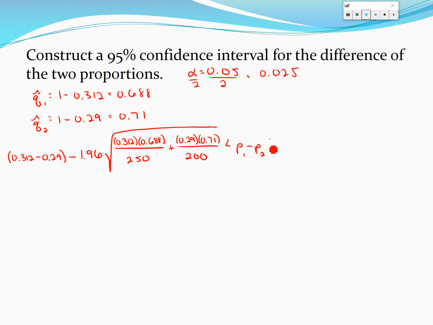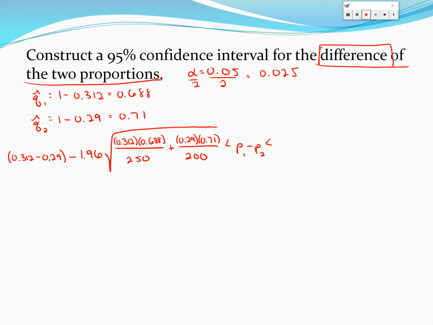Whether you're going to use the calculator shortcut or not, you still have to have the correct symbols in the center of your interval. We're looking for a difference in proportions. So you have a p sub 1 minus p sub 2. You might be thinking, well, how do I know that those are the symbols? Because I would ask you for a confidence interval for the difference of two proportions.